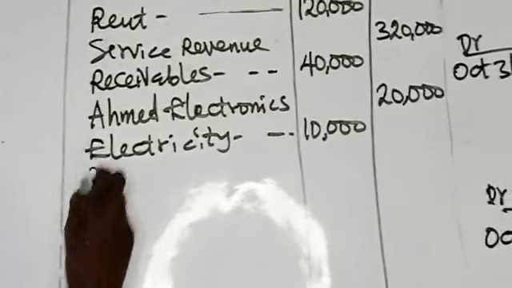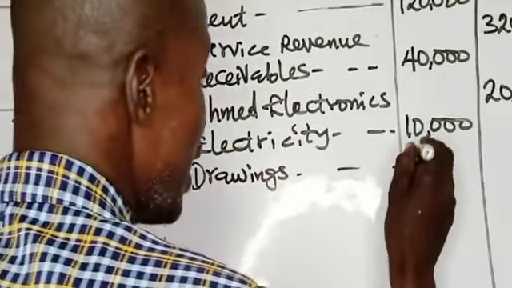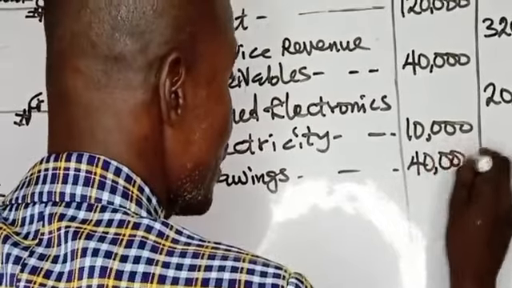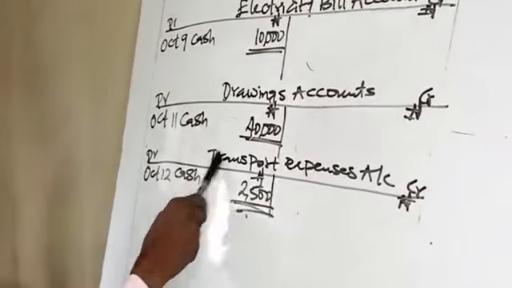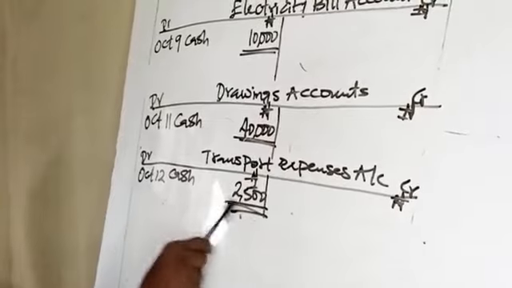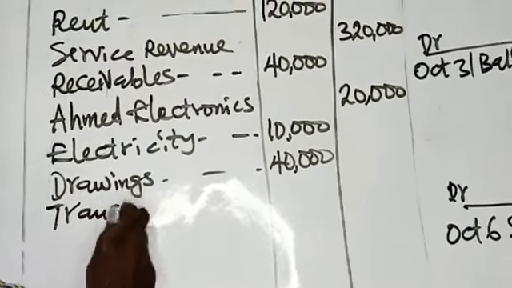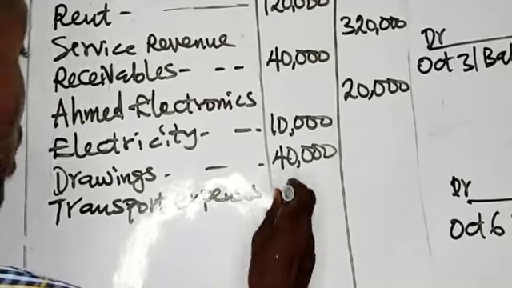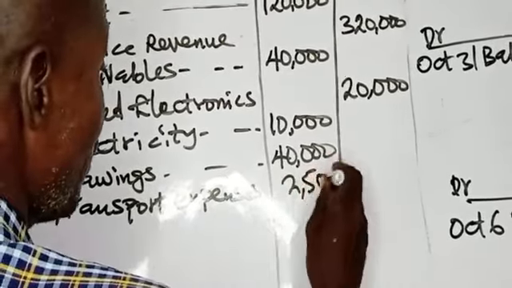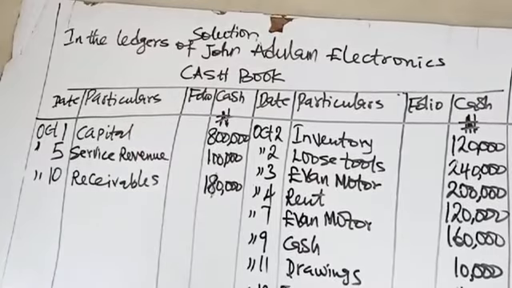Drawings, 40,000 naira debit. Then we have transport expenses, debit balance of 2,500. Transport expense, 2,500.